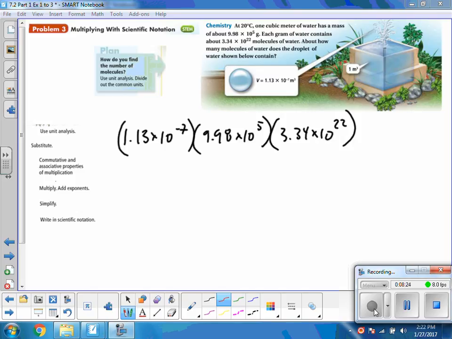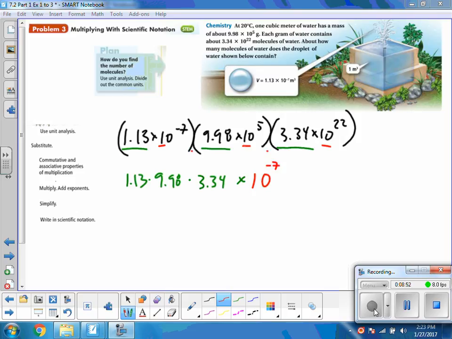We were doing scientific notation and multiplying. So this is kind of the same thing. It's like these coefficients right here, 1.13 times 9.98 times 3.34. I'm going to take all of those times, and look at this. I've got all these bases that are the same, 10, and we're multiplying, so I can just take their exponents and add them together.